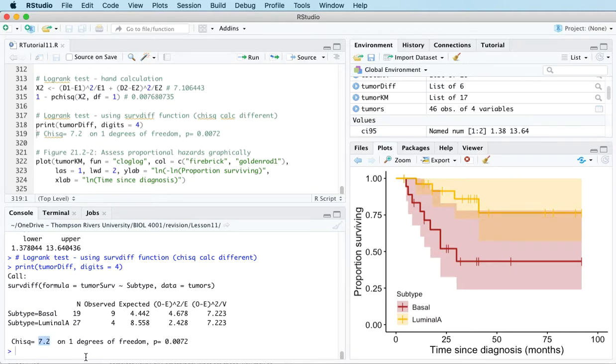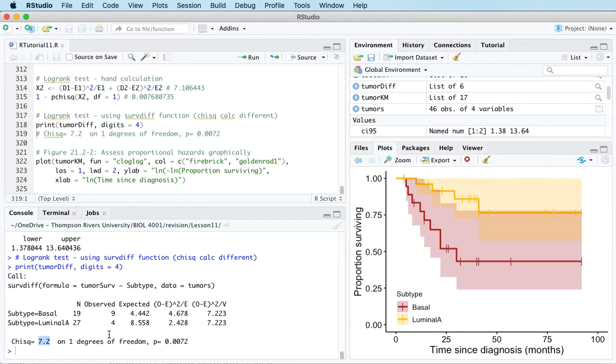So the test statistic is 7.2, and we can see here summaries of our data as well. So we've got our observed deaths and our expected deaths for the basal group and the luminal A group, and putting all that together gives us a chi-squared test statistic of 7.2.